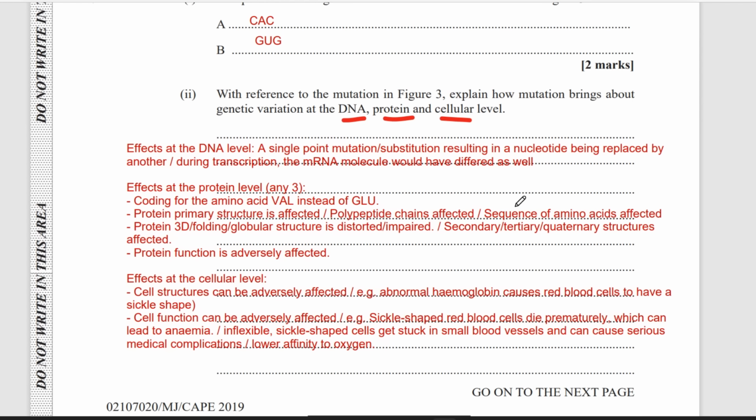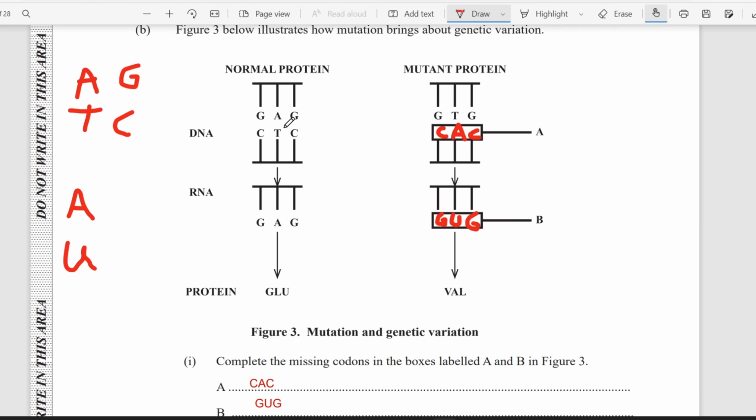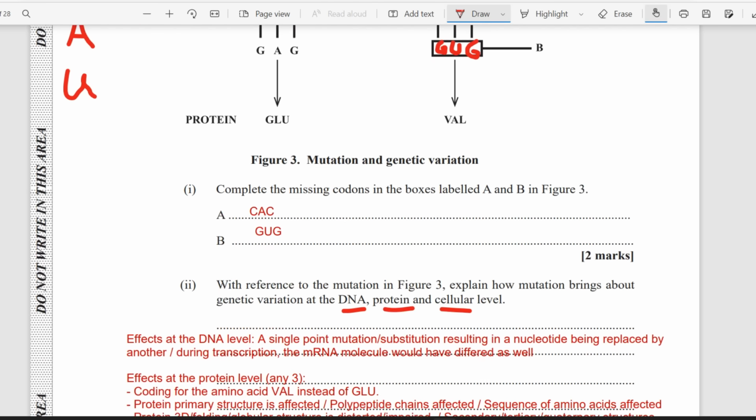So the DNA level, what happened here? Say you had a point mutation, one nucleotide changed to something else, right? And in this case, instead of an A, you had a T. So that makes the messenger RNA turn out different, and thus it was translated and built differently by the ribosomes.